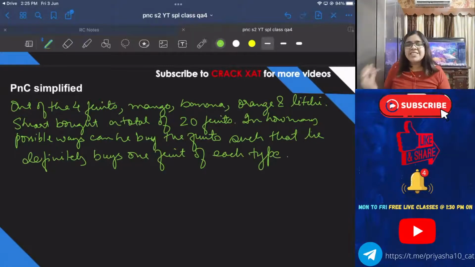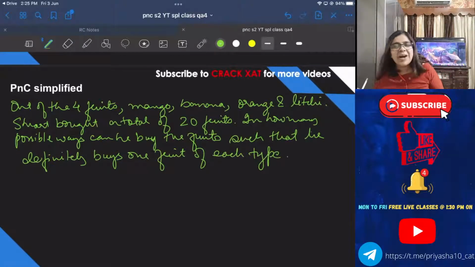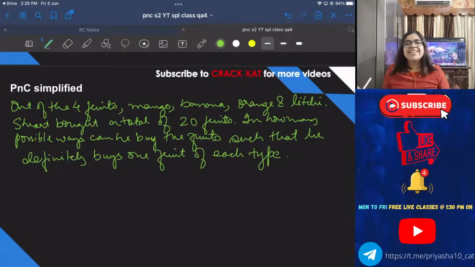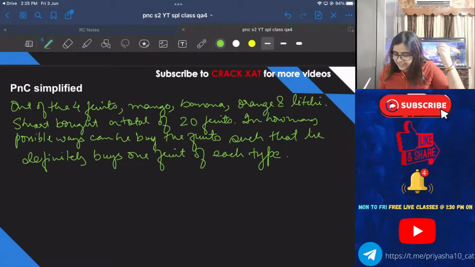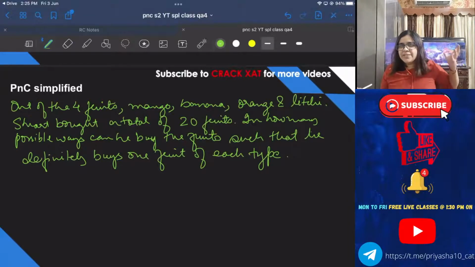This is the constraint I am talking about. You already know 1771 ways in which you can buy the fruits.